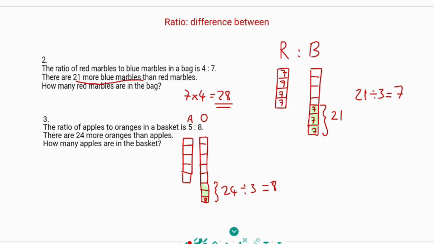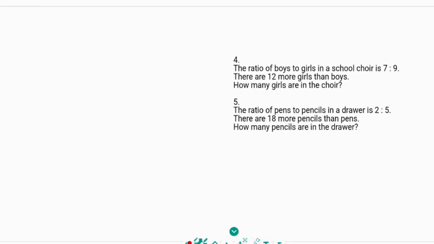Each part of the ratio is 8. I'm not going to write in all of them, just writing a few. How many apples are there? 8 times 5, 40. Hopefully you've built enough confidence now so you can definitely have a go at these yourself.